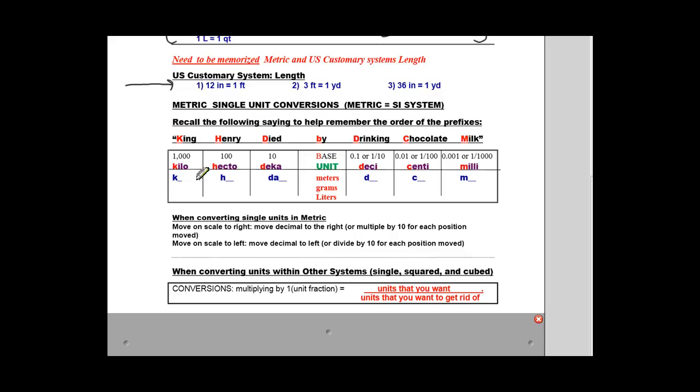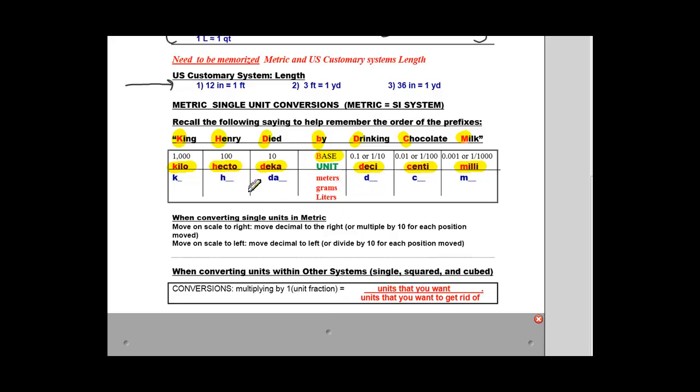So we would be looking at these different prefixes: kilo, hecto, deca, the base unit, deci, centi, milli. And a nice way to remember that, or what might help you memorize it: King Henry died by drinking chocolate milk. Remembering that the base unit goes here, which could be either meters, grams, or liters.